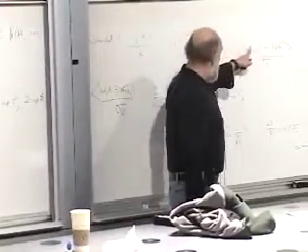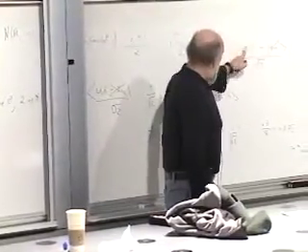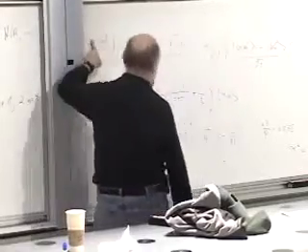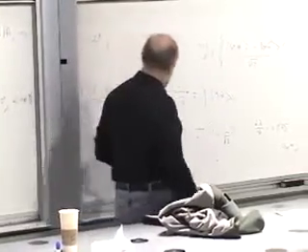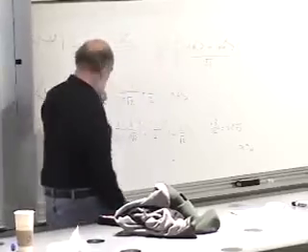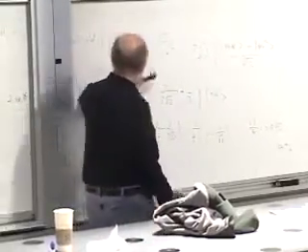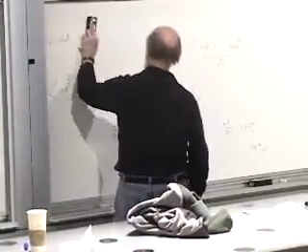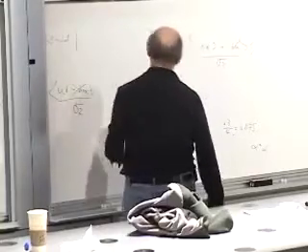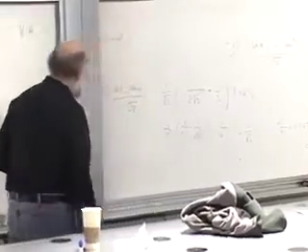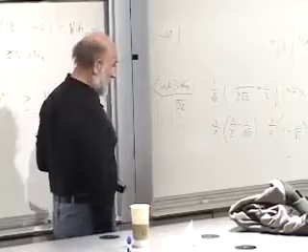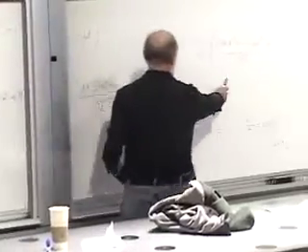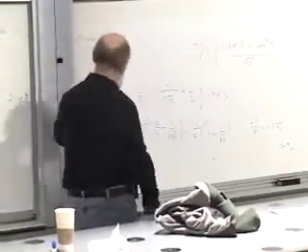Tau 1 acting on down gives up. You have up, up here, but you have no up, up over here. So that's dead. And all you get is 1/2. Sigma 3 plus 1 did nothing. All you got was 1/2. And now you got some square roots of 2. You have a square root of 2 from here, and you have a square root of 2 from here.